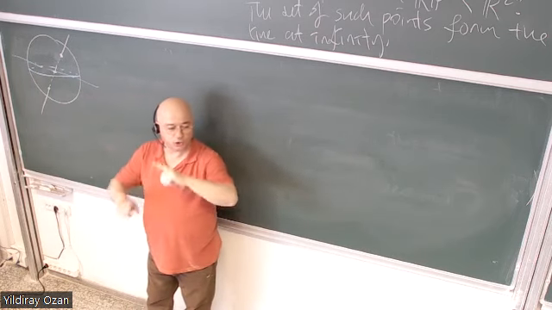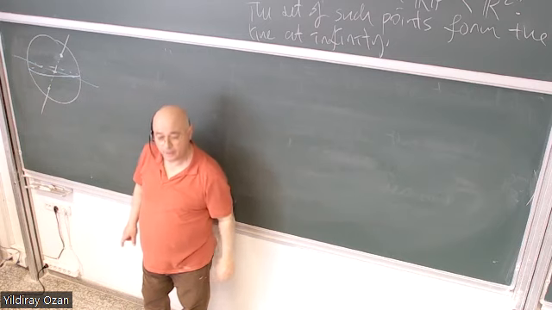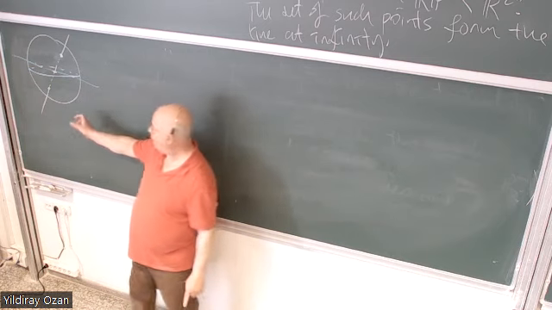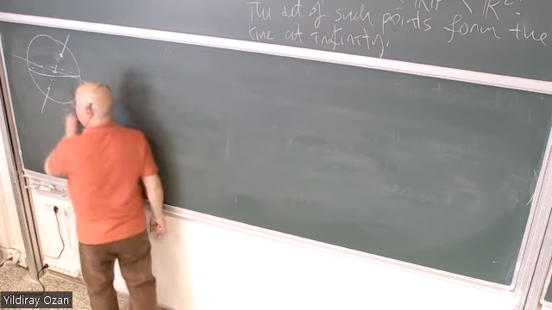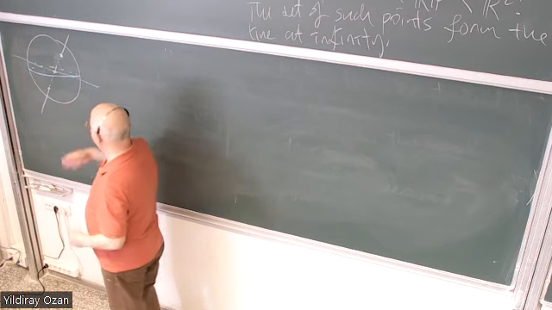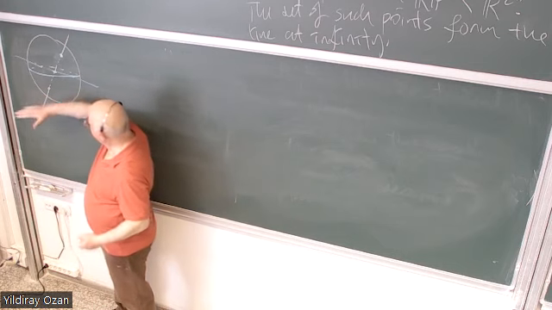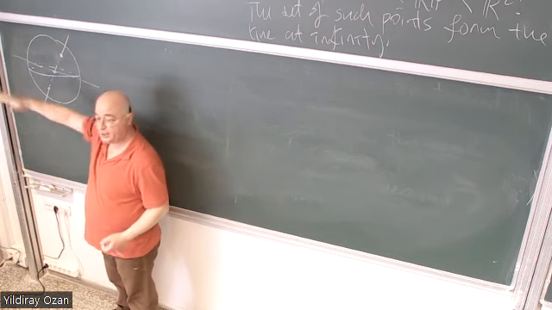Yani bizim sonsuzdaki doğru dediğimiz şey ekvator aslında, başka bir şey değil. Tabii orada da ne yapıyoruz? Bu doğruyu tek bir nokta olarak göreceğim. Değil mi? Bu doğruyu tek bir nokta olarak göreceğim. Ya da diğer resimde düşünürsem her bir doğru bir düzleme denk geliyordu.